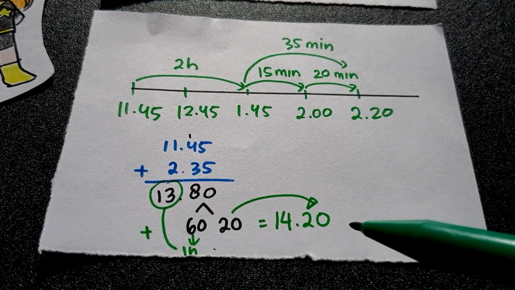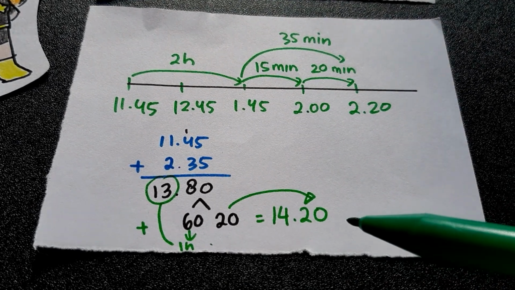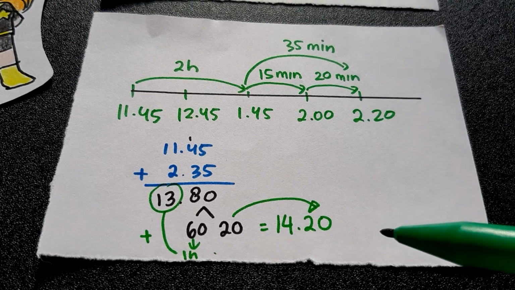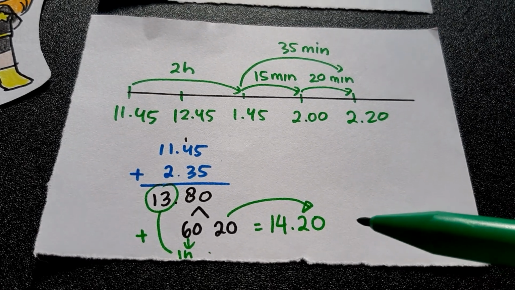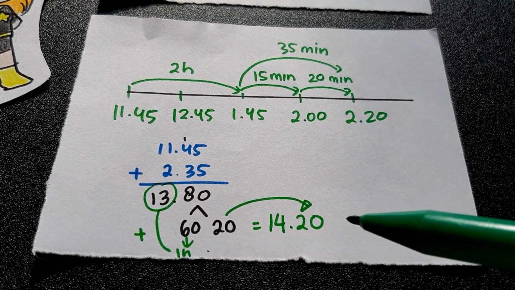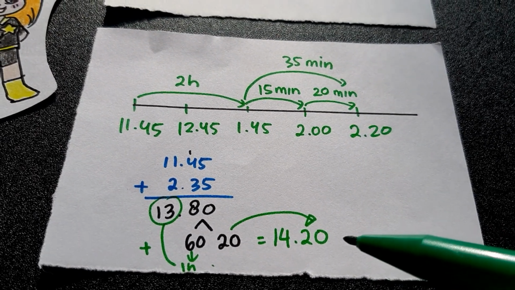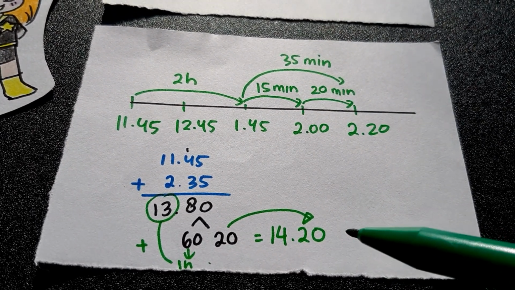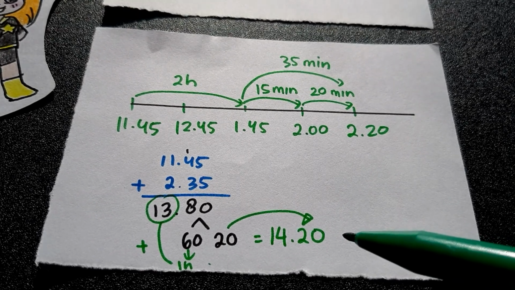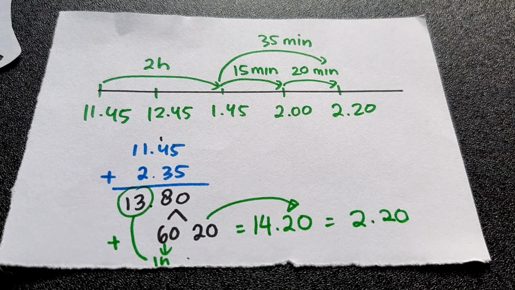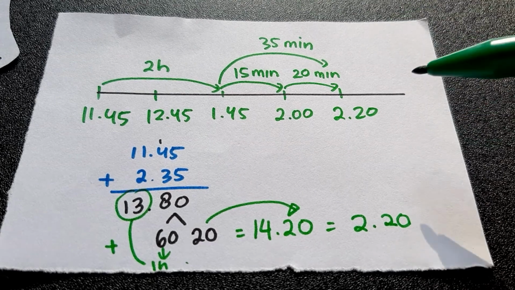And the minute is 20. We have 14:20. But this is in a 24-hour format. We have to change it into AM or PM. Since 14 o'clock or 1400 hours is PM, we change it into 2:20. So is this answer the same?